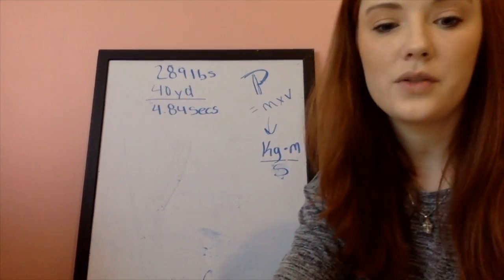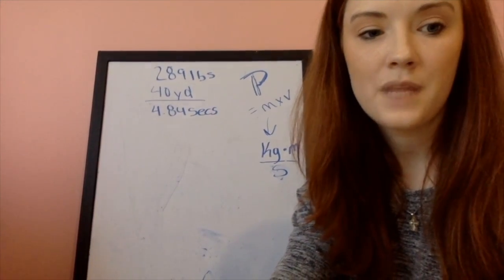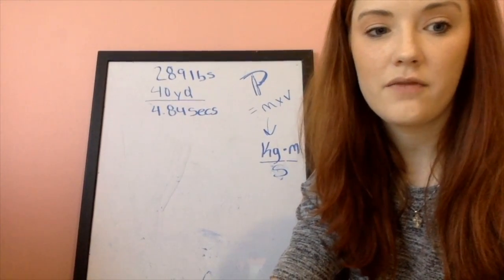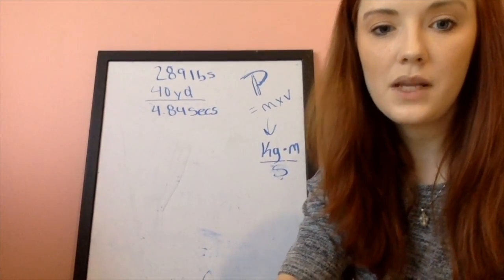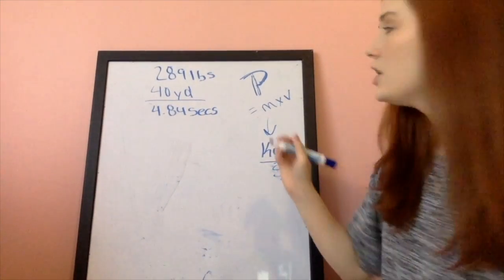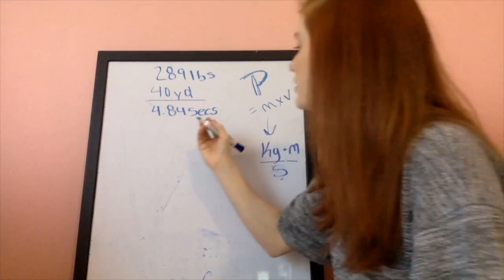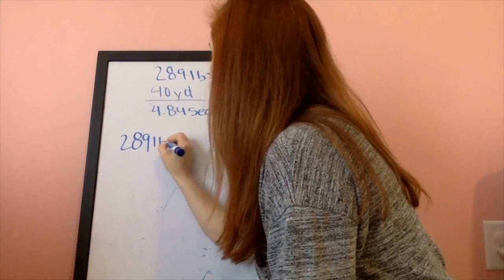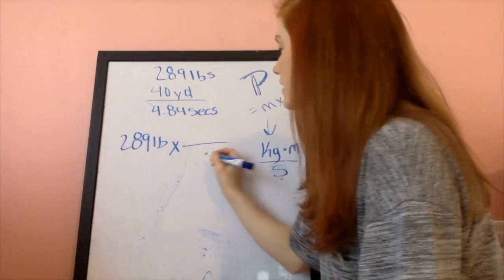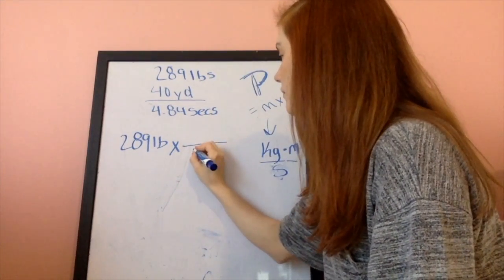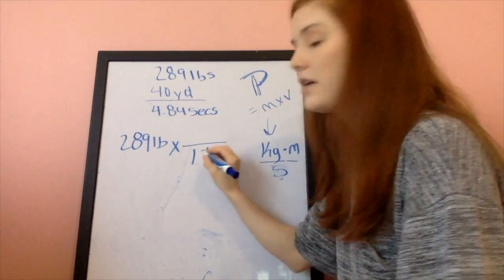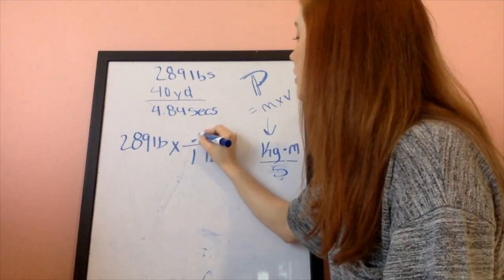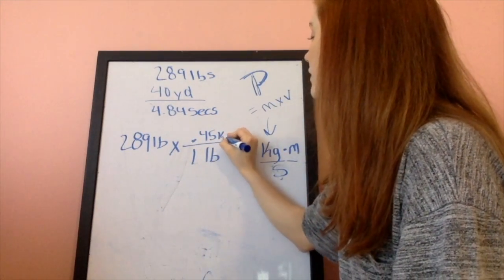So how do we go about doing that? Well, we're going to convert. The first thing, let's convert 289 pounds to kilograms. I gave this to you in your lecture notes, but 289 pounds, we would put what on the bottom? 1 pound, because it's going to cancel out, is equal to 0.45 kilograms.